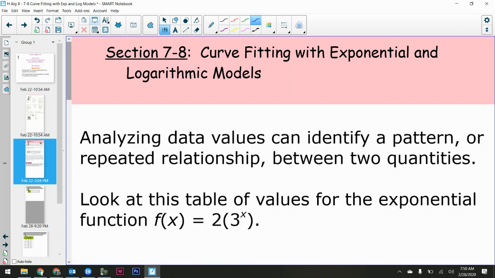All right. So analyzing data values can identify a pattern or repeated relationship between two quantities. What a broad statement that is. We've looked at statistics where we had a straight line pattern, and statistics where we had a parabolic pattern. But now, what happens if my statistics look like this?